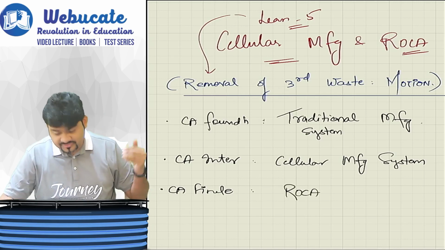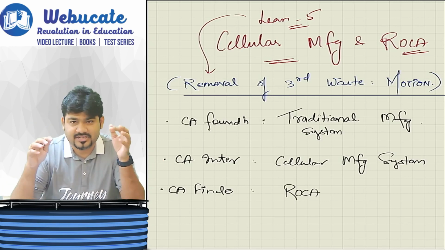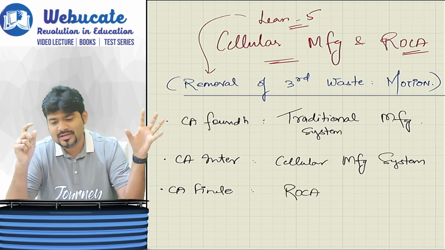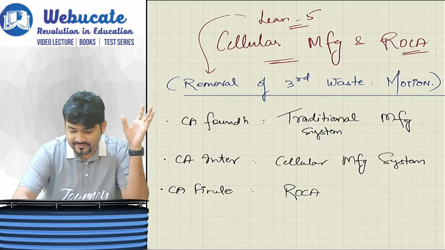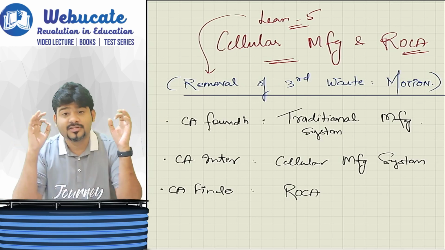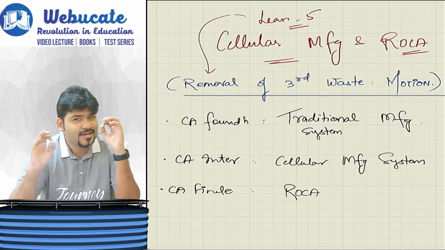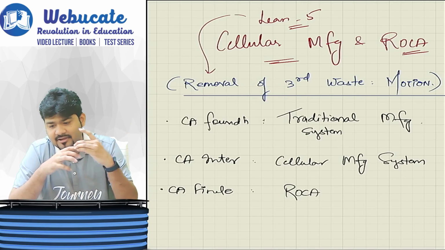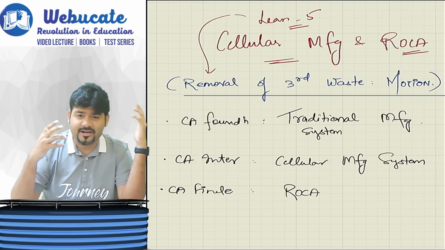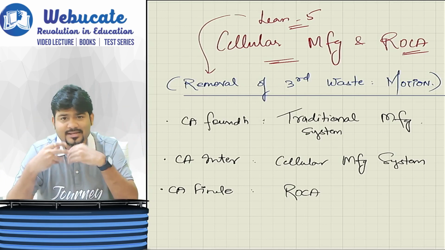So what happens is, first you are at CA Foundation level, and that's where you realize that this traditional manufacturing system is not working the way it should. It is not working at a level we would want to see.